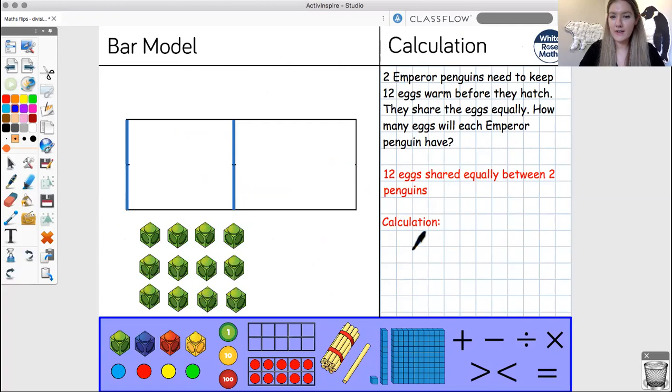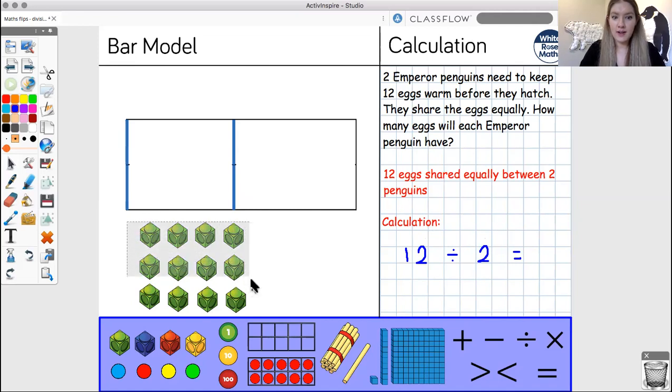That's right, so it's going to be 12, because remember 12 is our bigger number. 12 is being shared, divided between 2 penguins. 12 eggs shared between 2 penguins. I'm going to put the equal sign here, but I'm not going to fill it in yet because we don't know the answer.